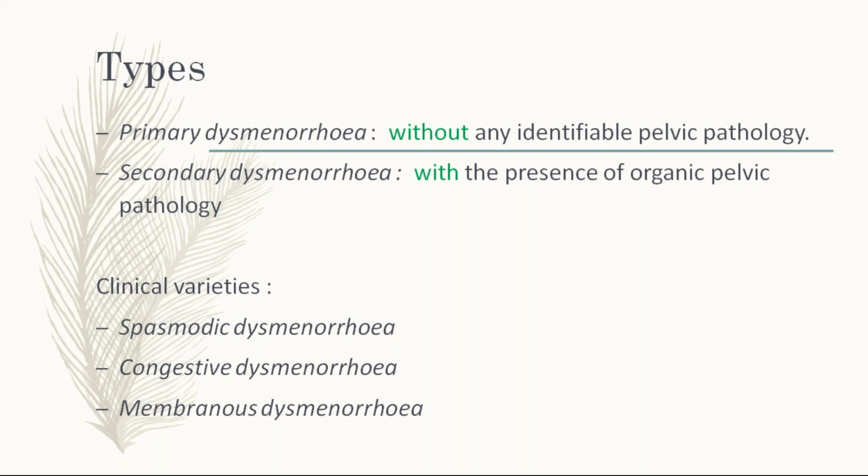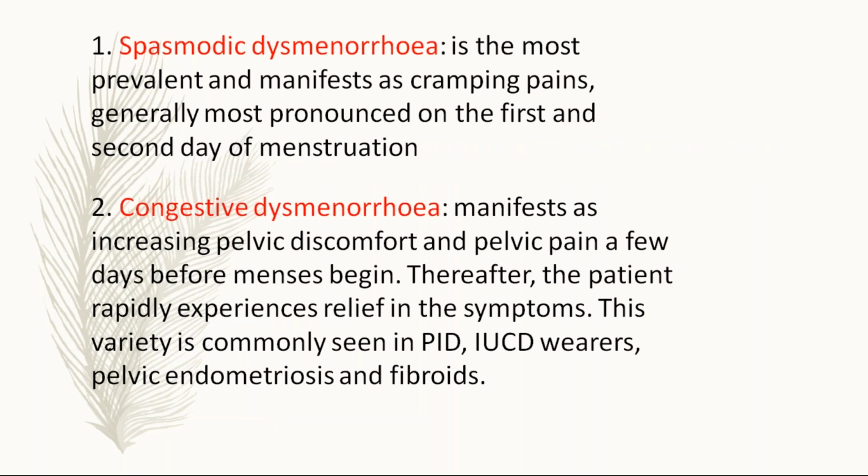Coming to clinical varieties, there are three types: spasmodic, congestive, and membranous. Spasmodic dysmenorrhea is the most prevalent and manifests as cramping pains, generally most pronounced on the first and second day of menstruation.